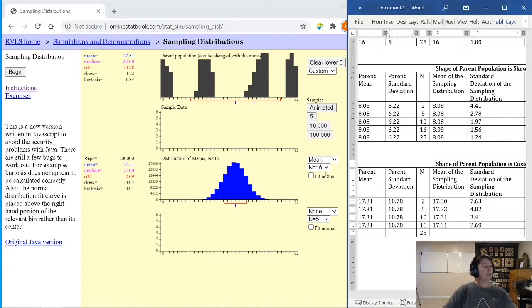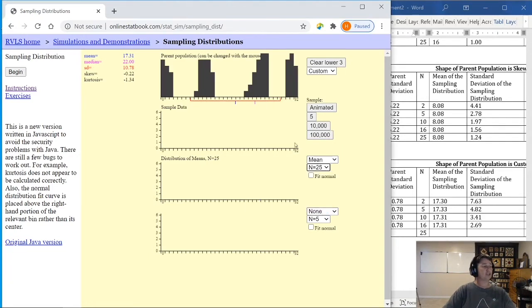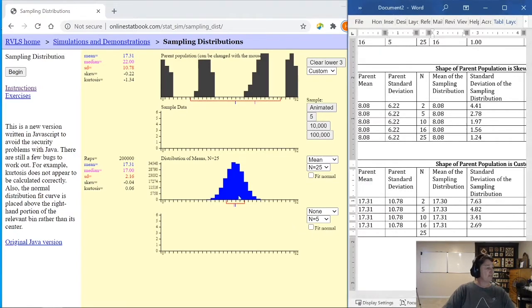Then, one last time, let's use a really large sample size of 25. Do that a couple of 100,000 times, pulling out that data and finding the sample means. Notice that the mean of this sampling distribution is still the same as its parent, but the standard deviation of this sampling distribution has gotten even smaller.